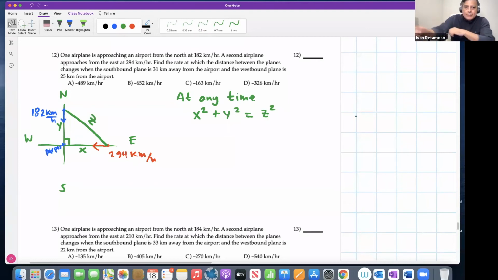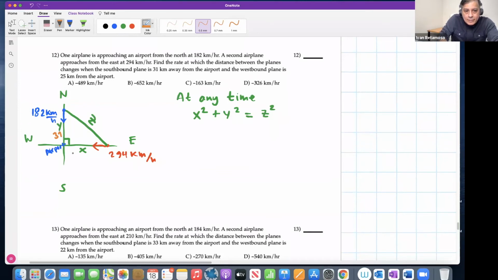Now, what they are asking you to figure out is this. Find the rate of change at which the distance between the planes, the rate of change of Z again, changes when the southbound plane is 31 kilometers away. So 31 here, and the westbound plane is 25 kilometers away from the airport.